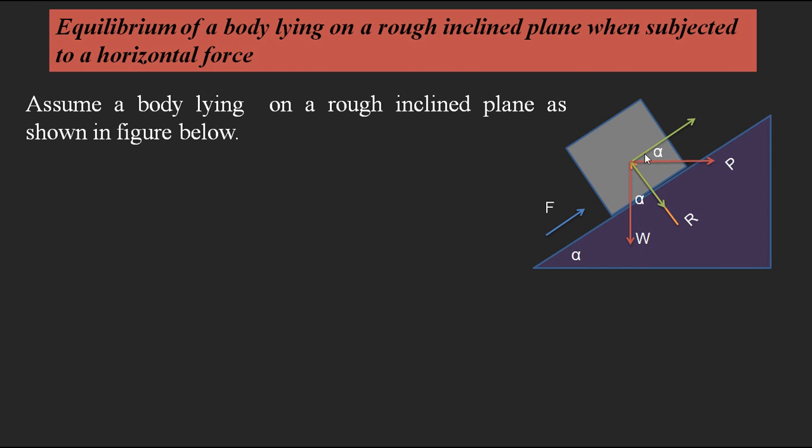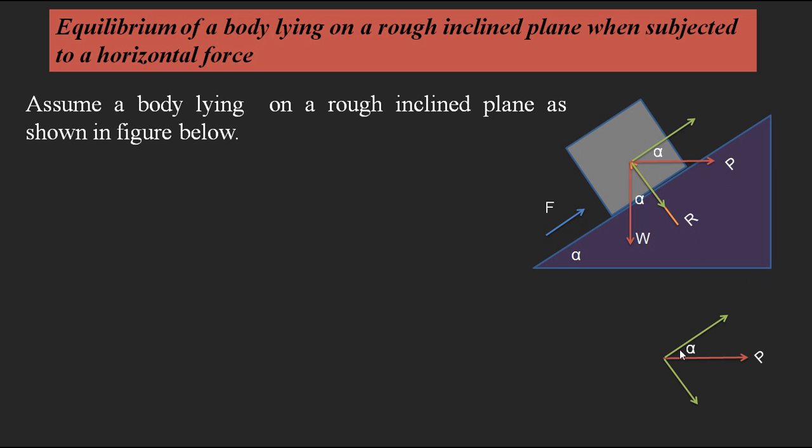Here these lines I have represented with arrow marks, meaning this P can be resolved into two components. One is parallel to the inclined plane and another one is perpendicular to the inclined plane. Based upon this resolution we can write P cos alpha and P sin alpha. Separately I would like to represent them.